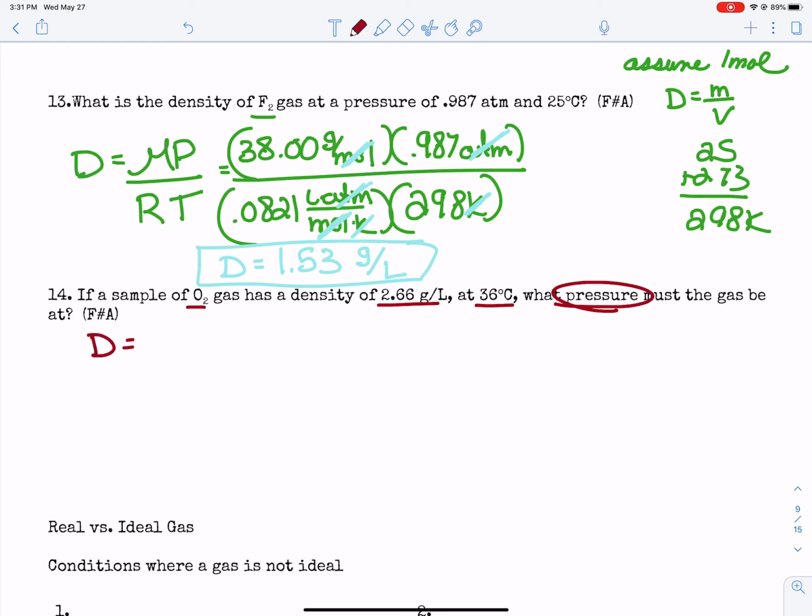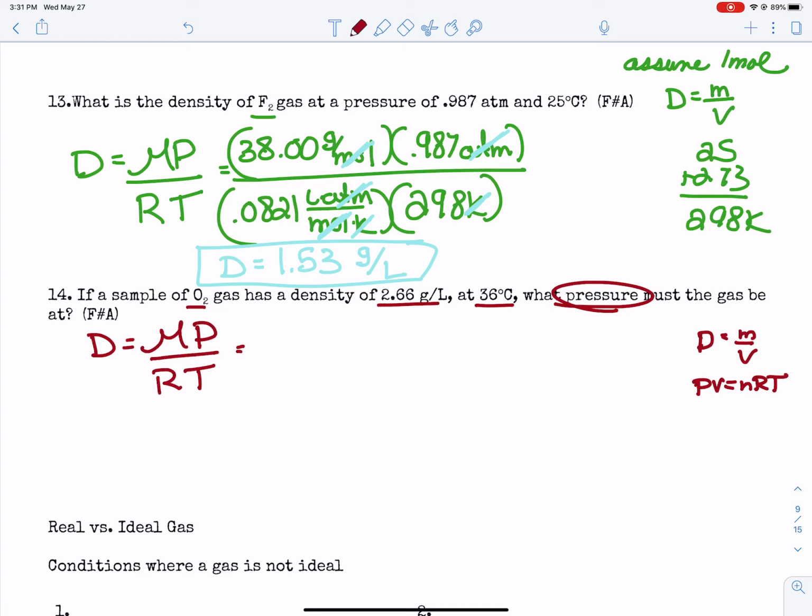So density equals molar mass times pressure over R times T. There's other ways that you can answer this question by, again, assuming 1 mole. We could use all the other formulas that we know, like density equals mass over volume, or PV equals nRT, but this is putting them all into one.